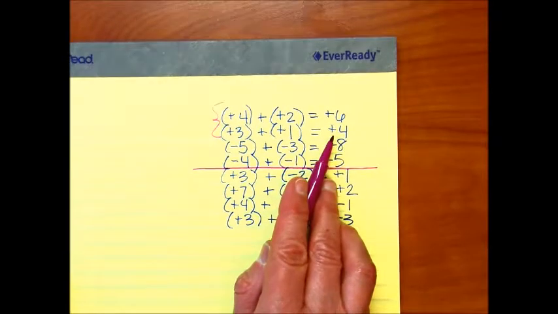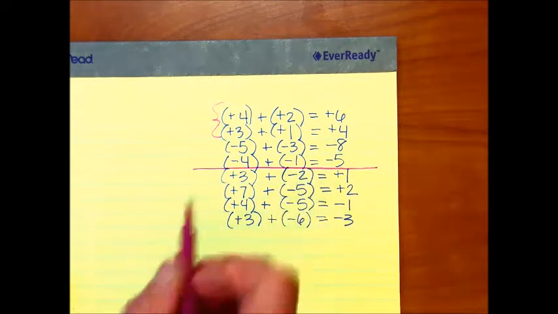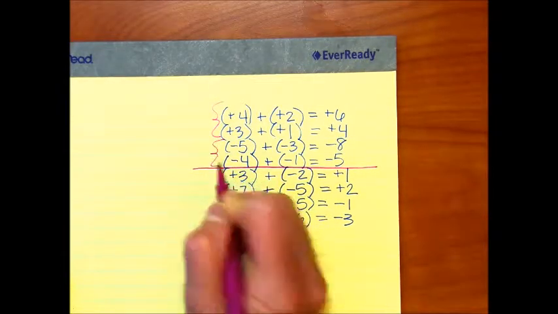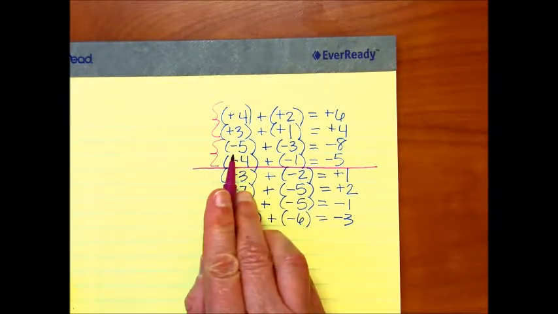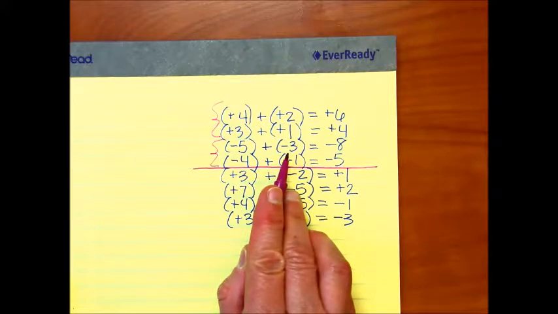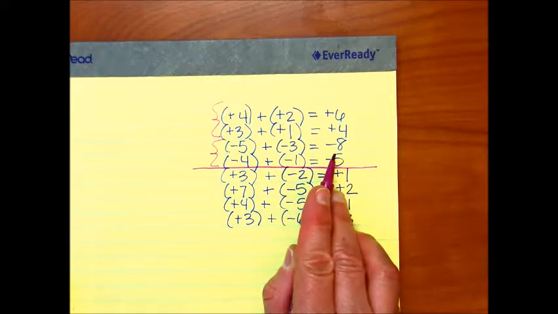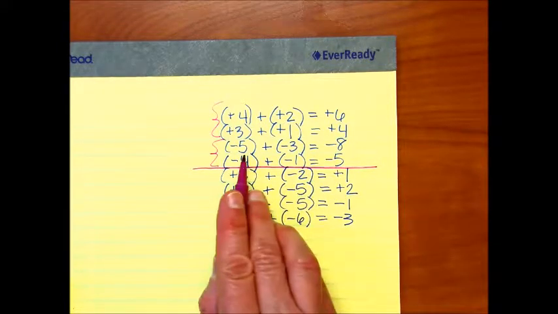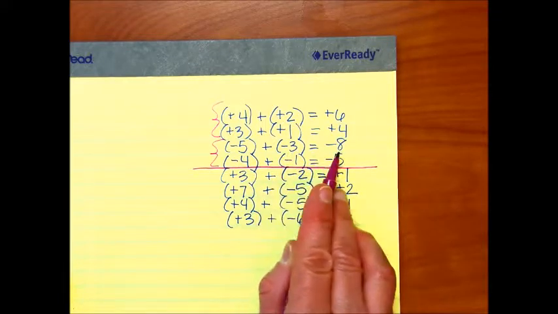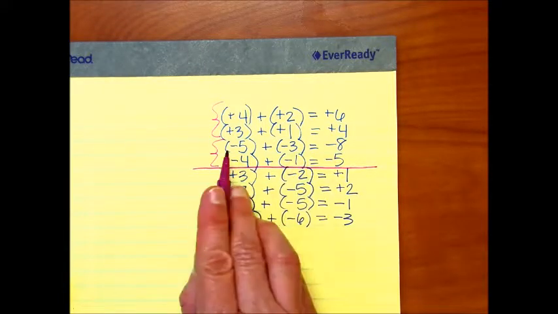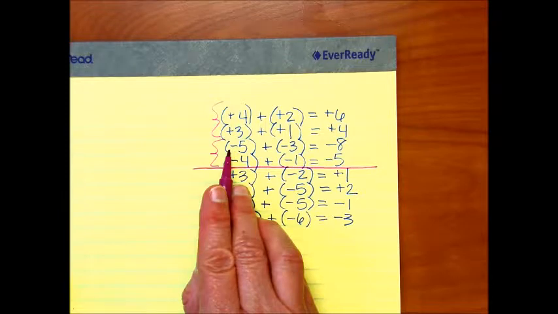Let's see if that holds true for our negative numbers. Negative 5 plus negative 3 gives us negative 8. Well, I know that 5 plus 3 is 8. Notice that the signs, however, are negative.